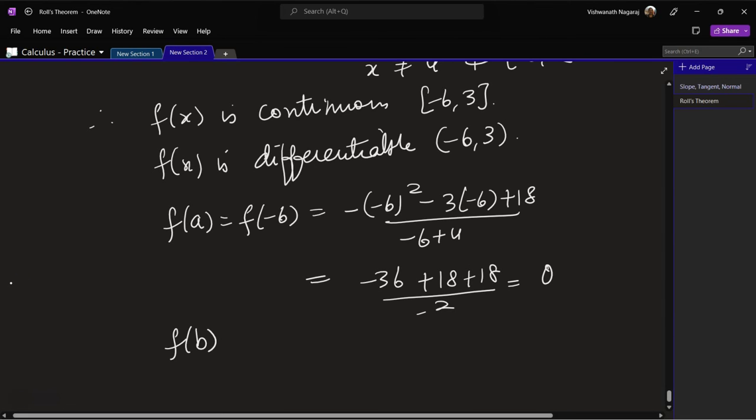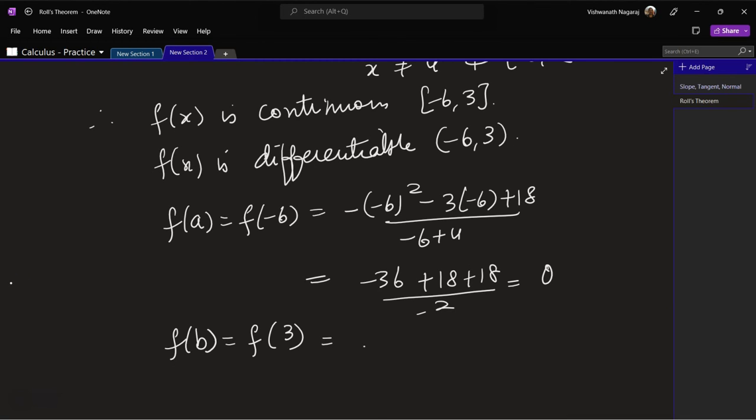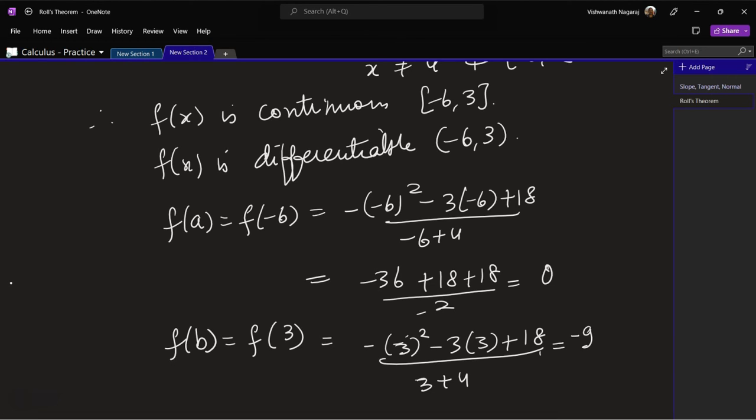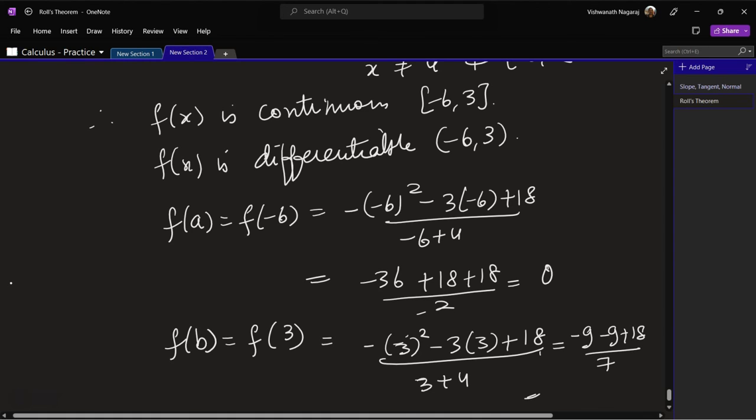Now f of b is equal to f of 3, which is equal to minus 3 square minus 3 times 3 plus 18 divided by minus 3 plus 4, which gives us minus 9 minus 9 plus 18 by 1. Minus 9 minus 9 is minus 18 plus 18 is 0.